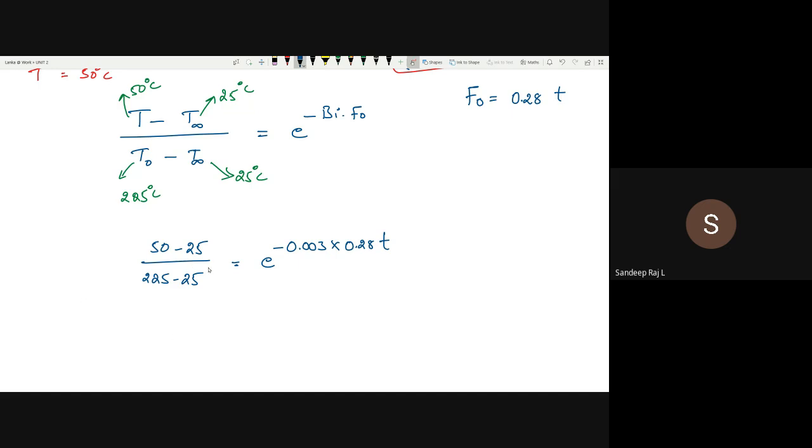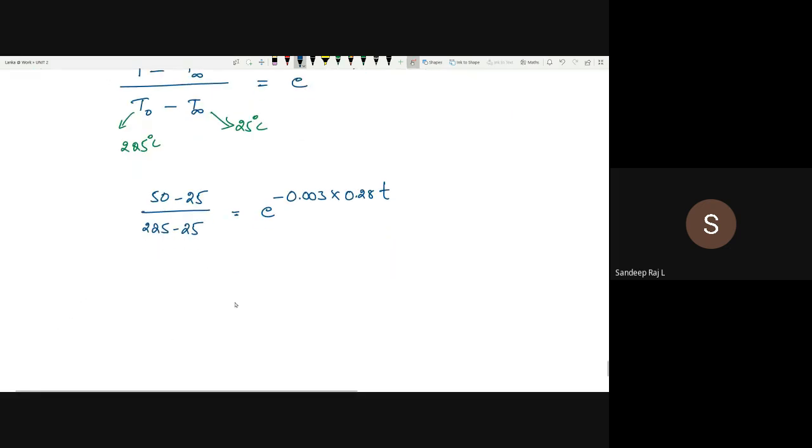So now you do the logarithm on both sides. See, when you do this logarithm, you have to do ln on both sides. It is not log. In your calculator, you have to enter it as ln, not log.